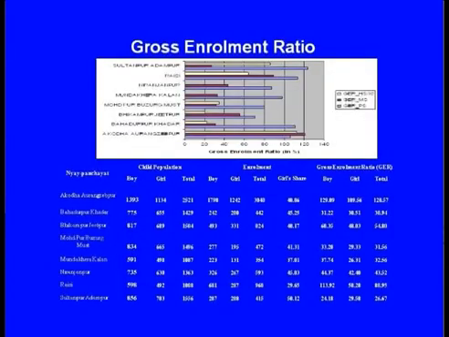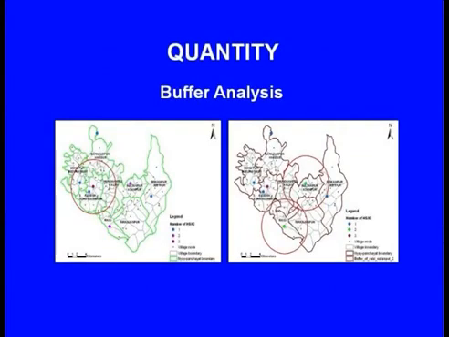Based on this, subsequent analysis on gross enrollment ratios has been carried out, and the table below shows the enrollment and the gross enrollment ratio, which would be taken ahead subsequently.